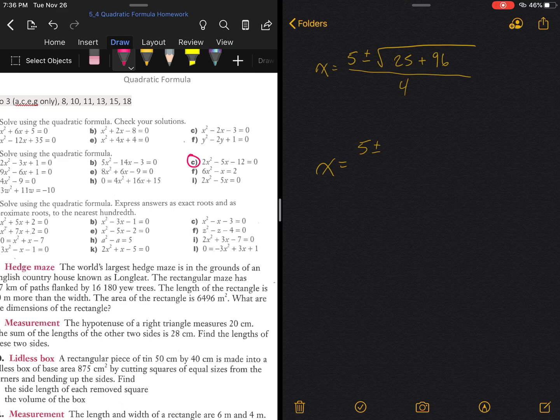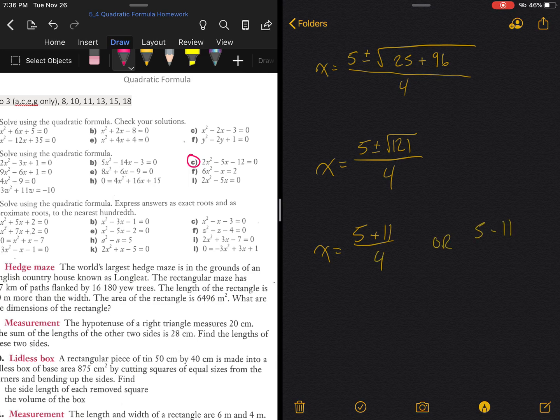What's 25 plus 96? 5 plus or minus the square root of 121, basically. Is it 121? Yeah, I believe so. Square root of 121, over 4.